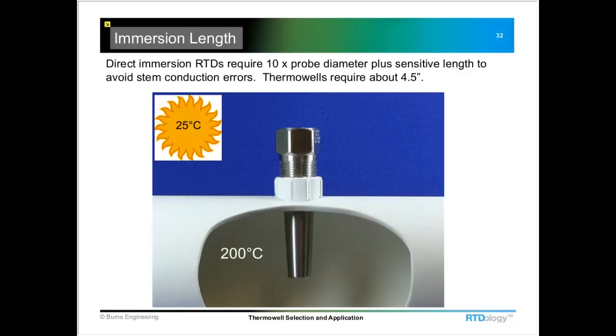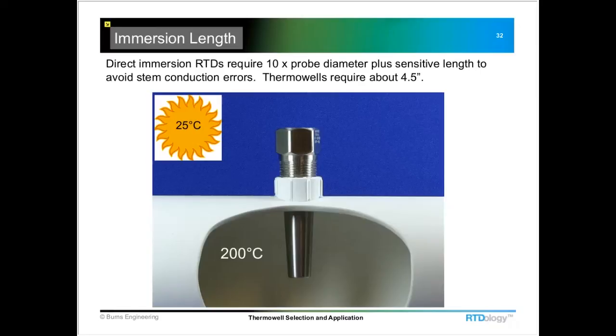So for the immersion length with a direct immersion RTD, we like to see at least 10 times the probe diameter plus the sensitive length of the probe. So for example, a 1/4-inch diameter sensor with a 1-inch sensitive length would need about 3.5 inches of immersion to get a good, accurate measurement and avoid stem conduction errors.